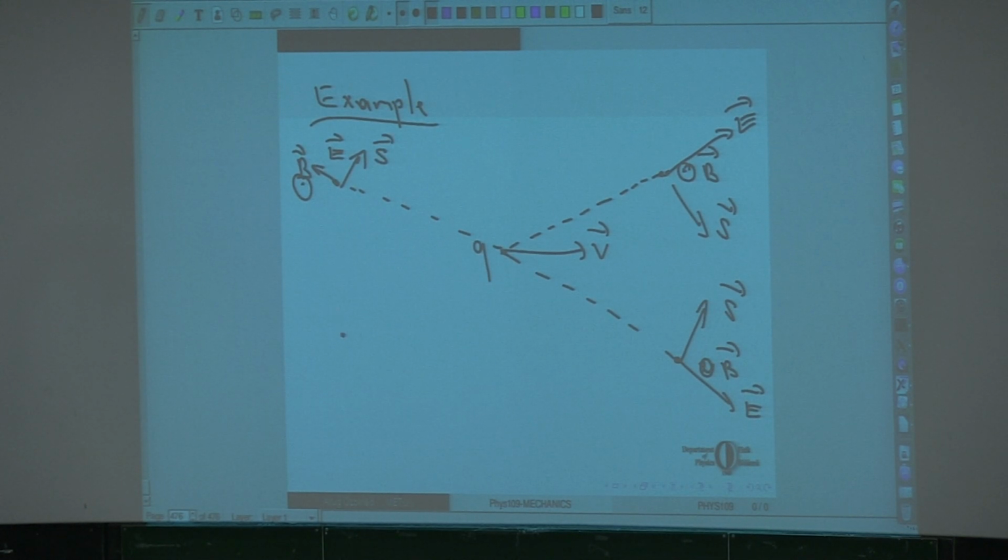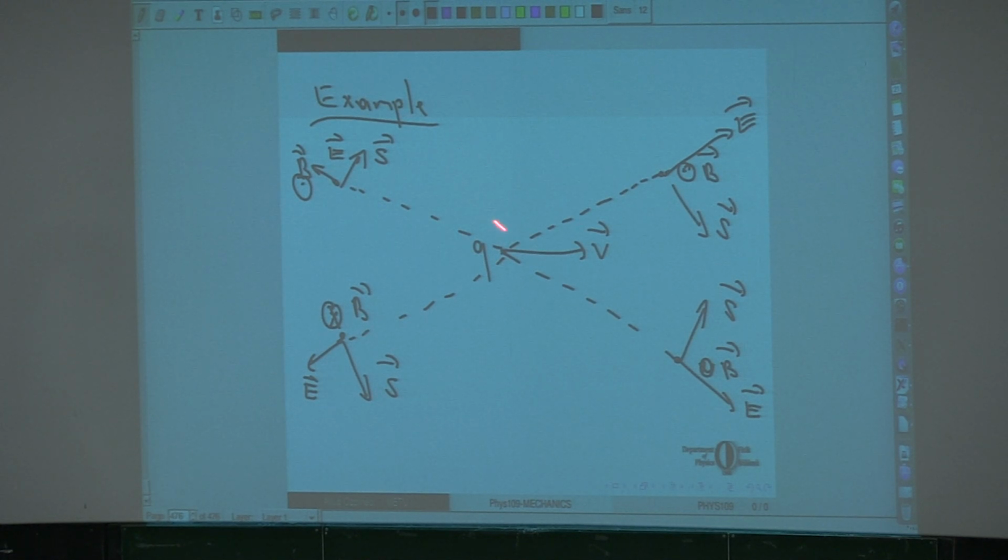And let's look at this point. This is the direction of the electric field. The magnetic field will be into the screen, and the energy flow. This will be the direction of the energy flow.